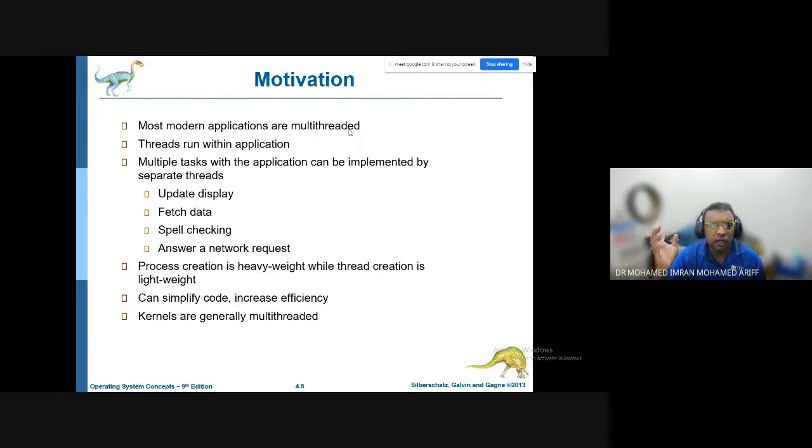So a thread runs within the application. Multiple tasks within the application can be implemented by threads: update display, fetch data, spell checking, answer a network request. So these are the tasks related to each of the threads. Each thread is a sub-process by itself.